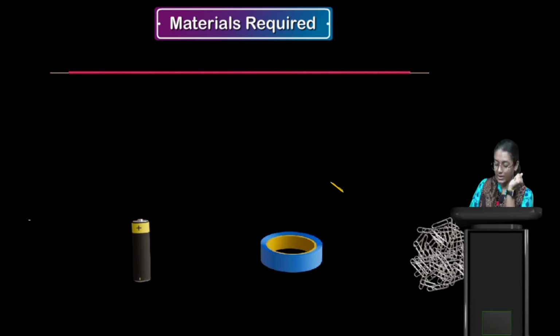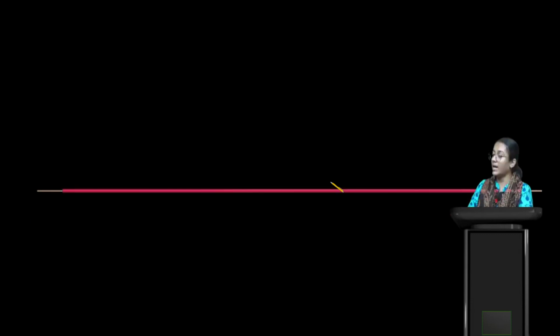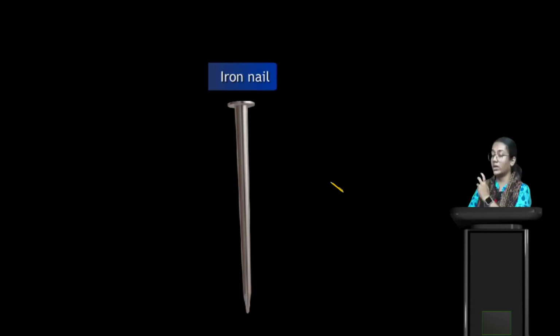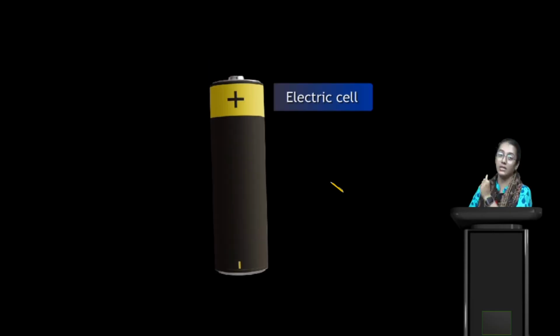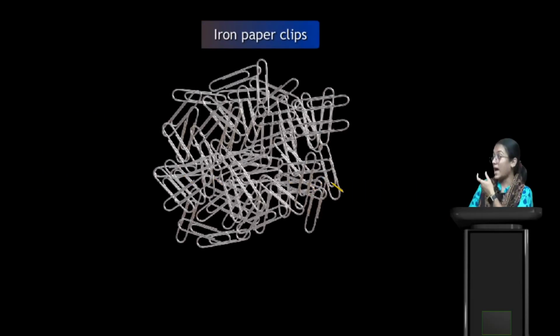The materials which are required are, first we have to take one flexible insulated wire which is almost 50 centimeter, and after that we have to take one iron nail, another one electrical cell also known as battery, and tape. And iron paper clips also, okay.